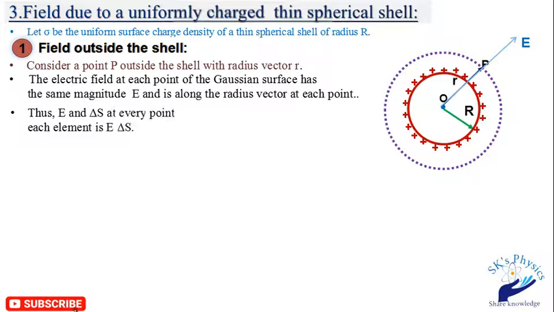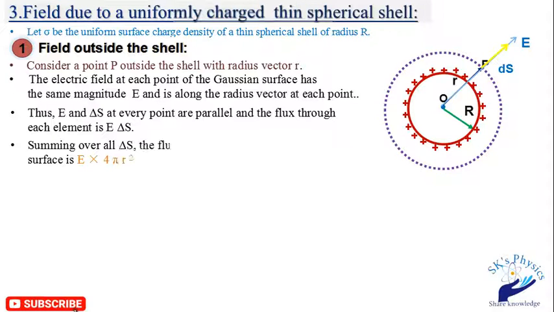Thus, E and delta S at every point are parallel and flux through each element is E delta S because that's parallel. Summing over all delta S, the flux through the Gaussian surface is phi is equal to E cross 4 pi r square.